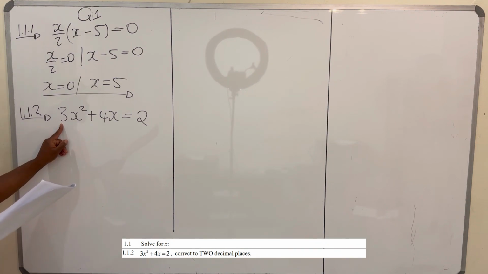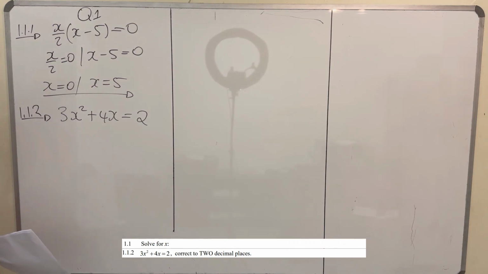From this instruction that says correct to 2 decimal places, I would assume they are also including the possibility that the solutions to this equation may be irrational. Of course, we can also have rational solutions that we would need to correct to 2 decimal places. But to be safe, let's use the quadratic formula.